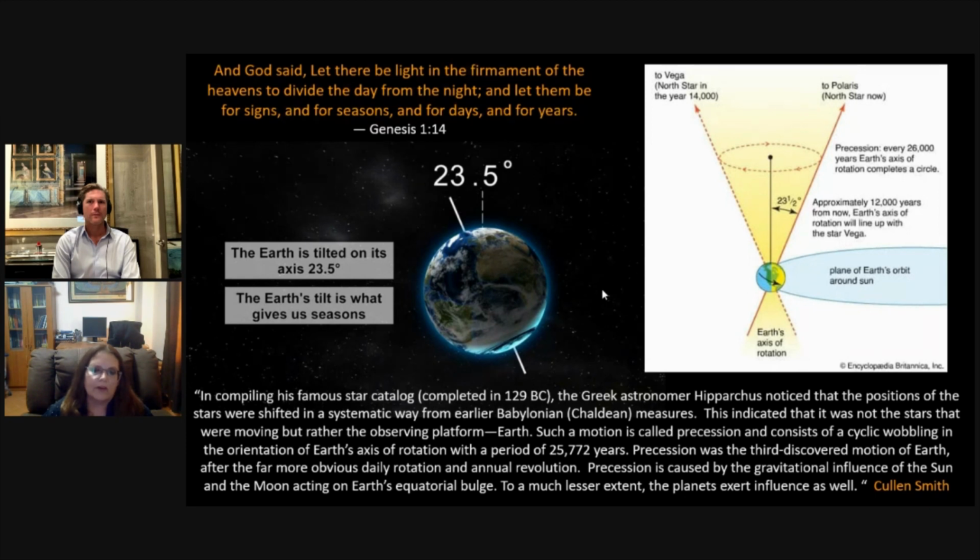Such a motion is called precession and consists of a cyclic wobbling in the orientation of Earth's axis of rotation with a period of 25,772 years. Precession was the third discovered motion of the Earth after the far more obvious daily rotation and annual revolution. Precession is caused by the gravitational influence of the sun and moon acting on the Earth's equatorial bulge. To a much lesser extent, the planets exert influence as well.